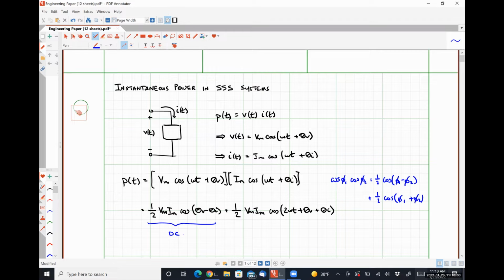Okay. So we have some DC term, and then superimposed on top of that DC term, we have this AC term.